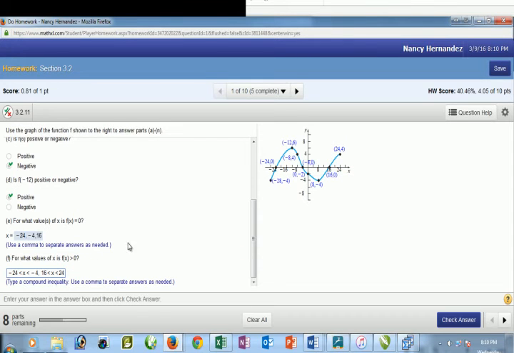Let me check it again, see what's going on. Negative 24 to negative 4, everything is positive. From 16 to 24, it's all positive. Why doesn't it like this answer?